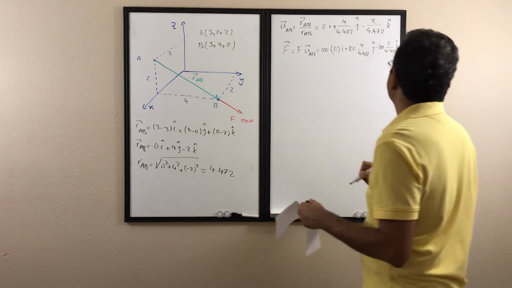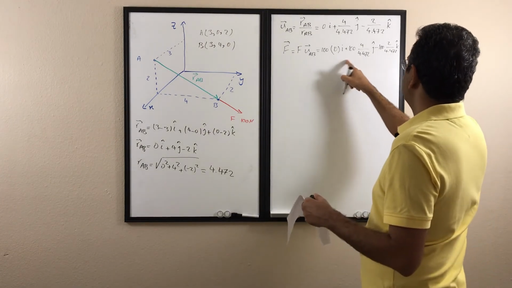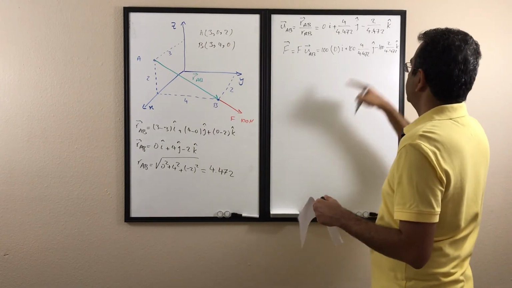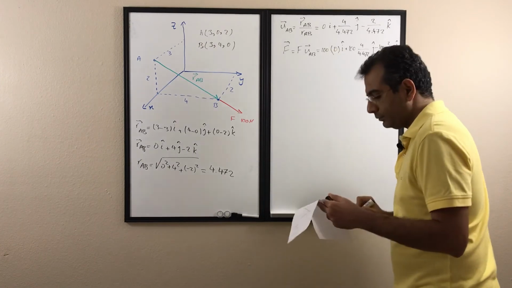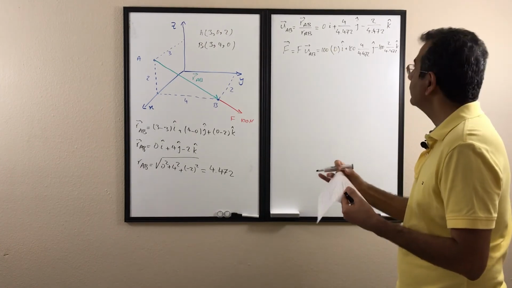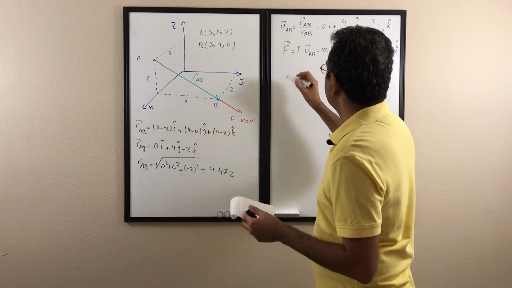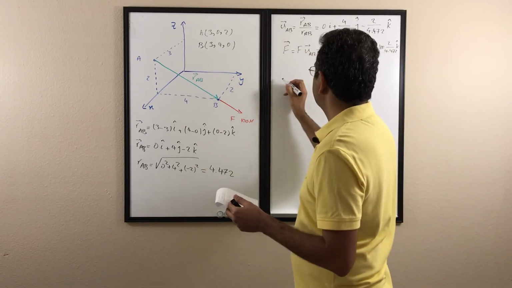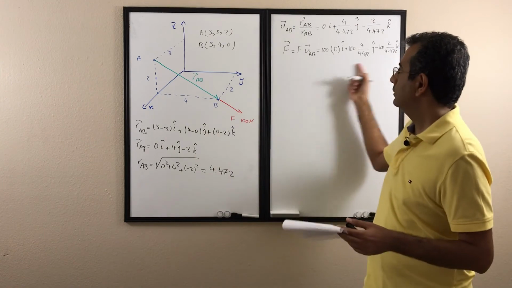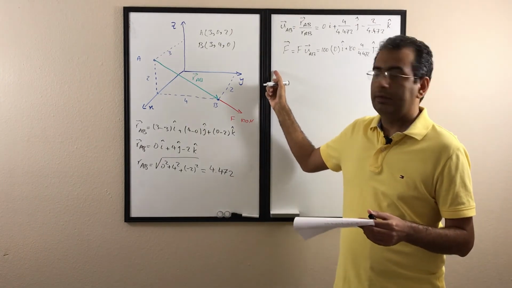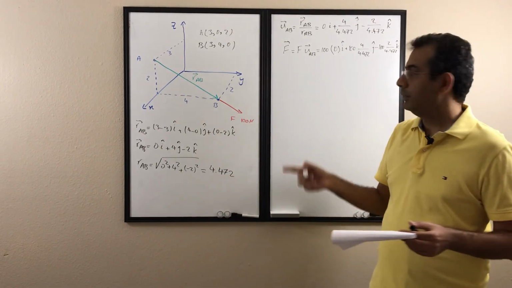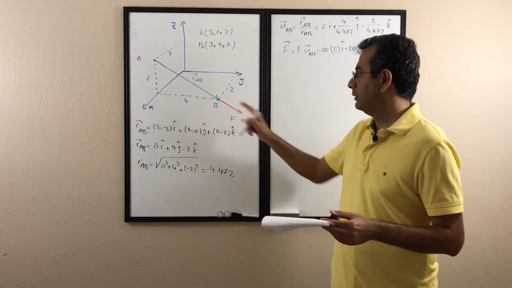So minus that. So we have the 0, j and k components. Now I'm going to write the U_AB again. So this is the force in the vector format, because we know it's along AB.